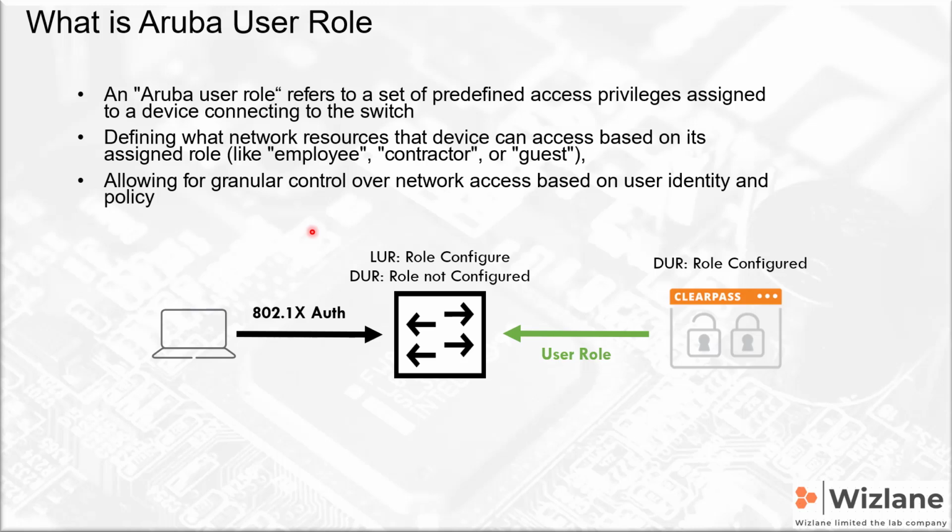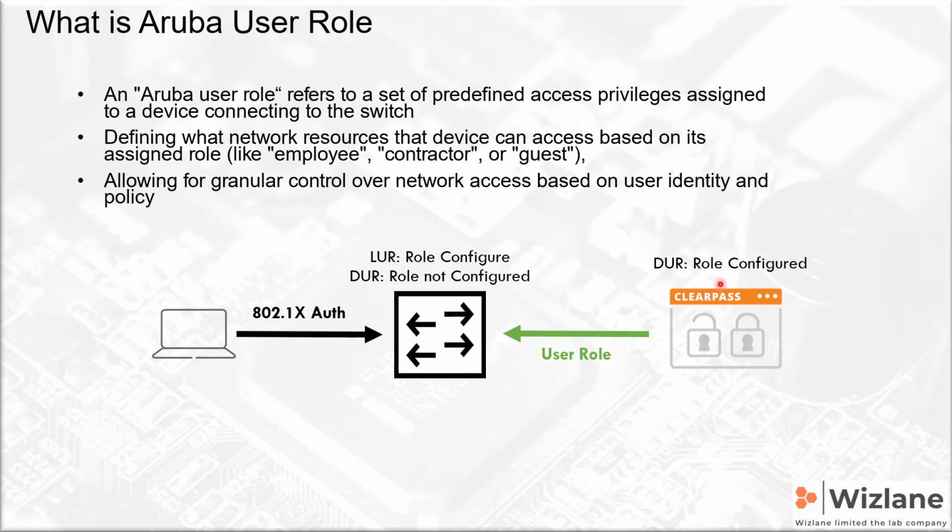So for example, in this example, we can see a client tries to perform .1x authentication, and you might have a local user role configured on the switch, or ClearPass might send a downloadable user role that is not configured on the switch whatsoever.